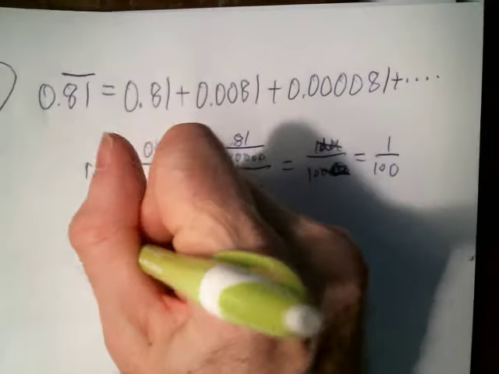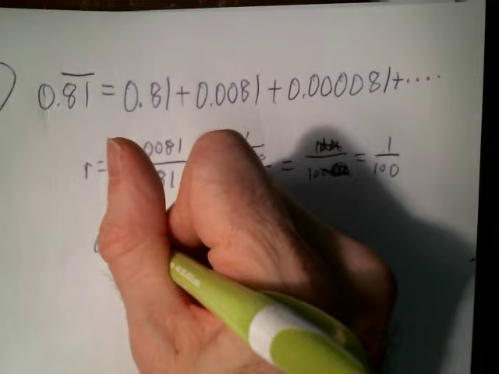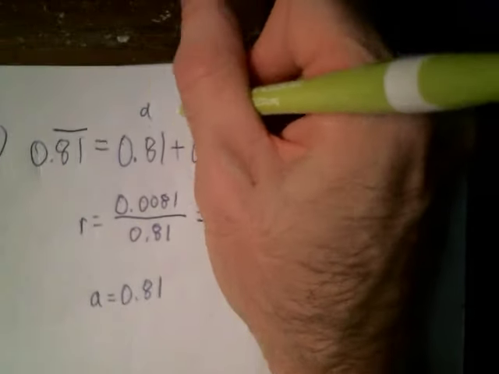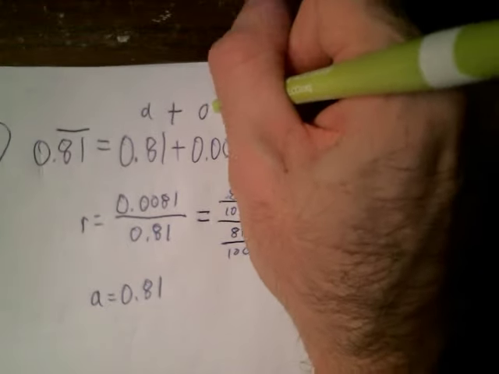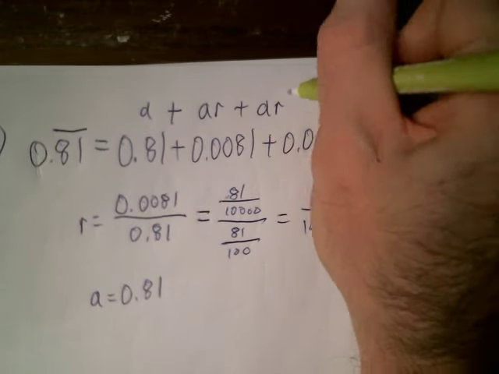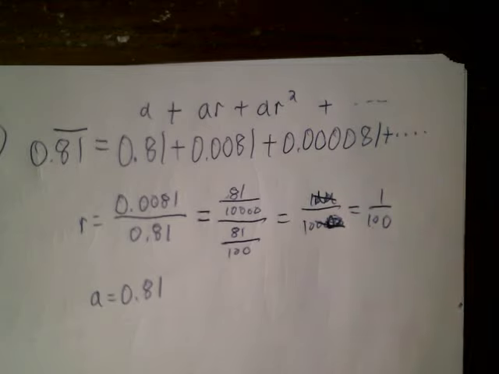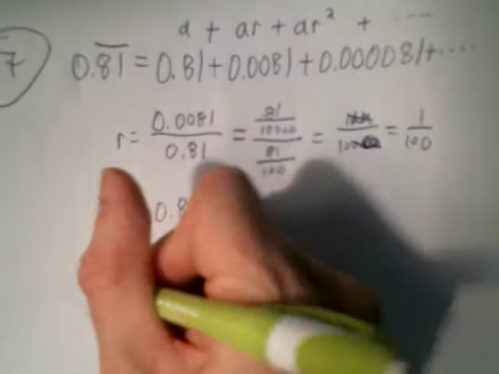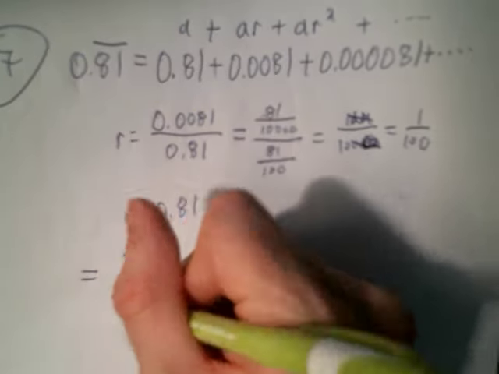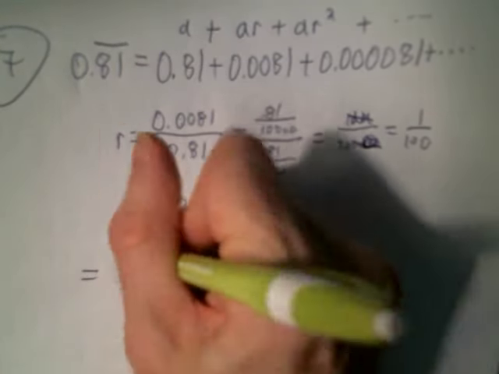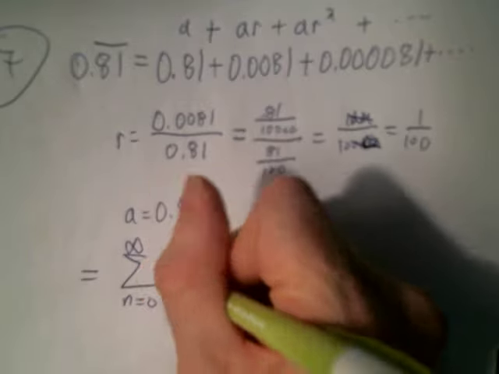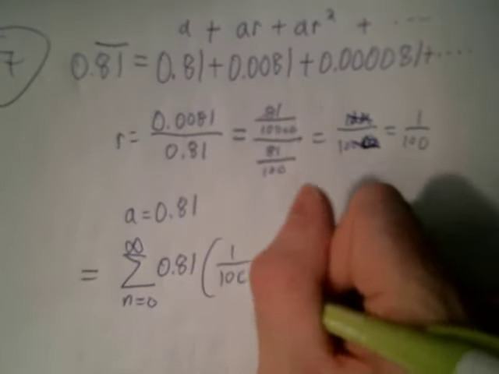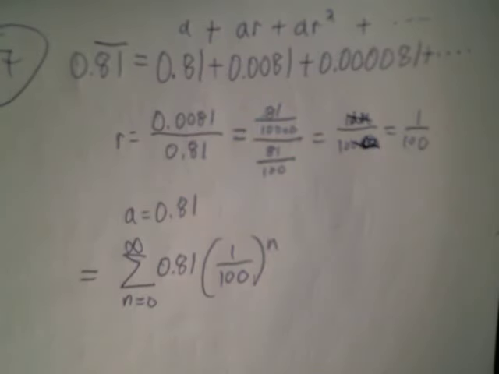The A value will be the first value you see, so that's the 0.81. If you remember the original definition, this is A plus A R plus A R squared plus dot, dot, dot. So I can rewrite this repeating decimal as a sum from n equals 0 to infinity of A, which is 0.81, times R, which is 1 over 100, to the n.